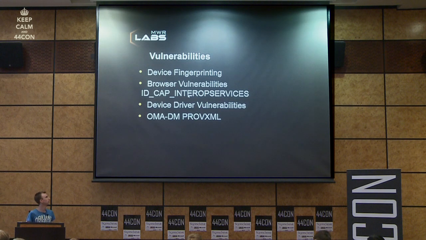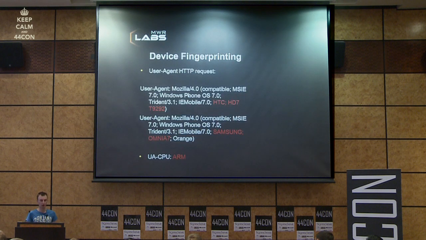The first thing I did was, I thought it'd be nice to be able to figure out how to deliver a payload specifically for the phone which you were targeting. So if you're targeting a Samsung phone or an HTC phone, it'd be nice to be able to determine remotely what phone you were targeting and then vary your payload depending on that.